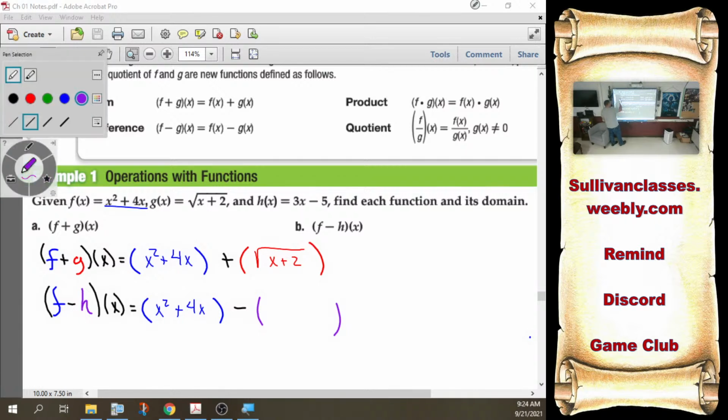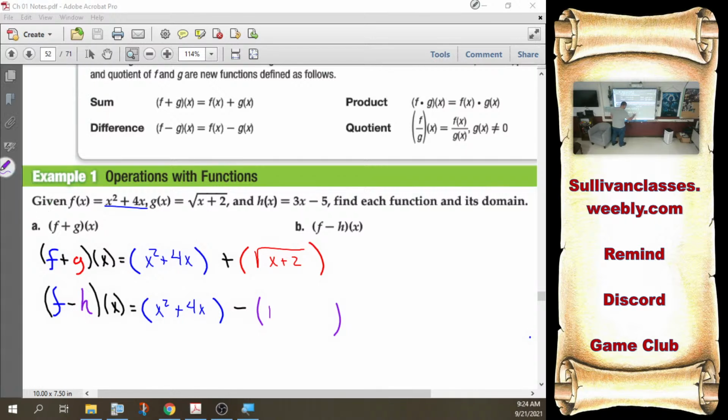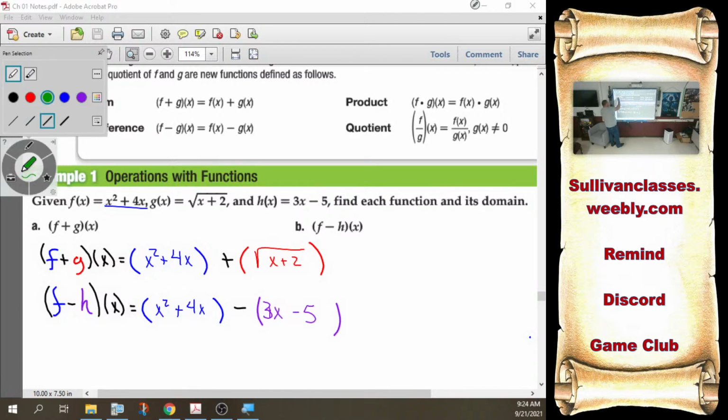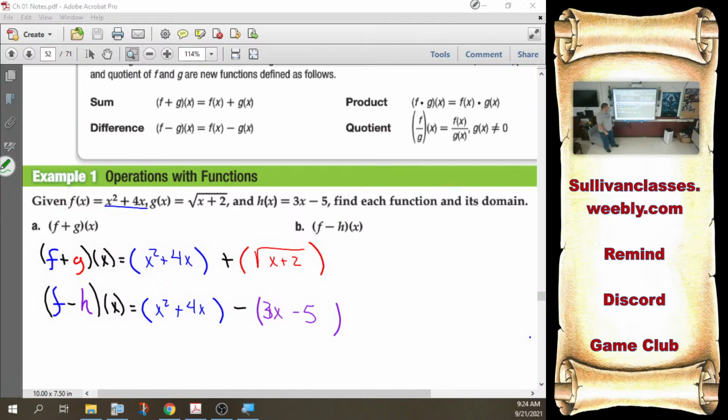I take the h rule, plug it in. Combine like terms, simplify it as best possible. So the first one ain't pretty. It just stays x squared plus 4x plus square root of x plus 2.